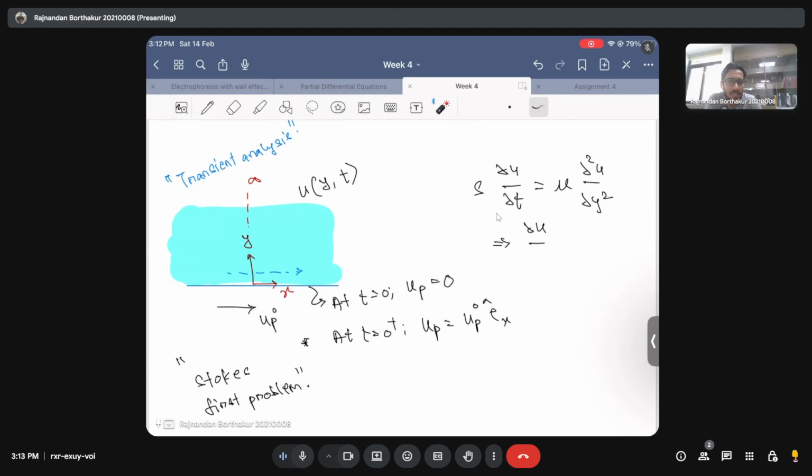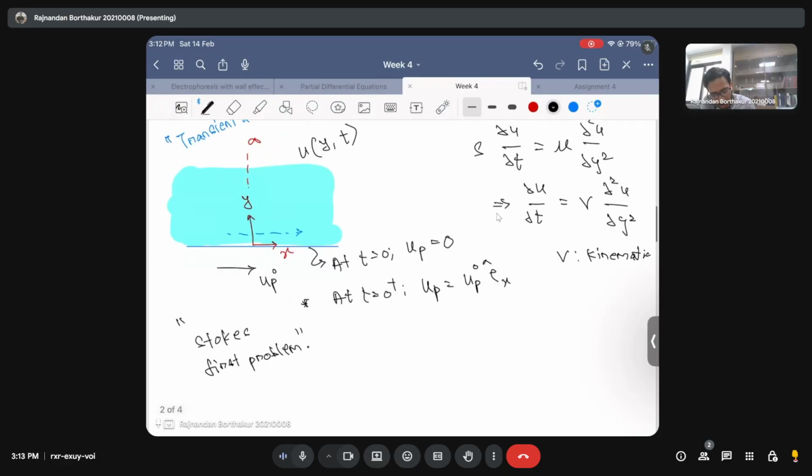And you saw that the equation was del u del t equal to nu times del squared u by del y square, where this nu is the kinematic viscosity, which is given as the ratio of the dynamic viscosity to the density.